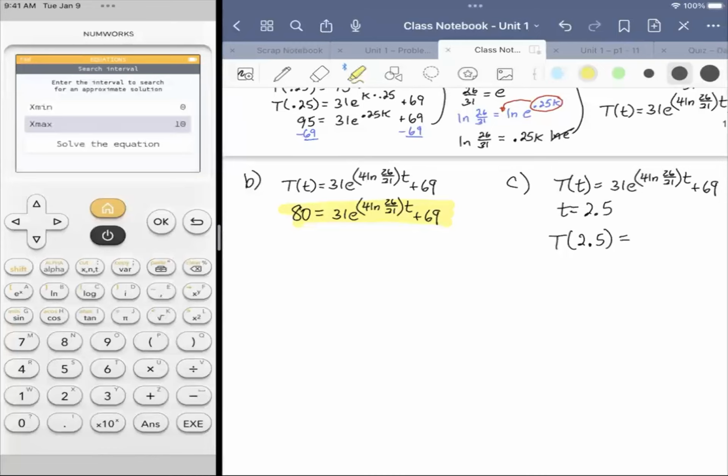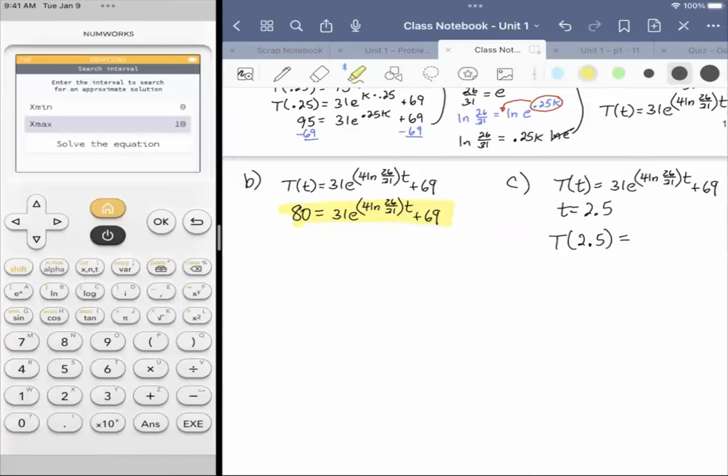If you wait 2.5 hours, it's going to be whatever the temperature is in the room.